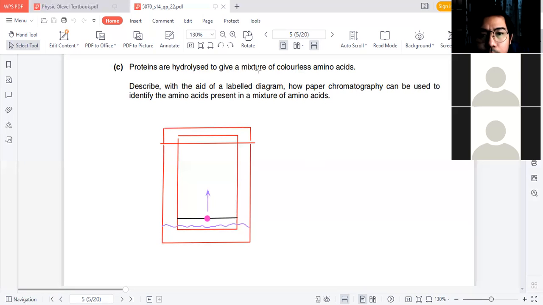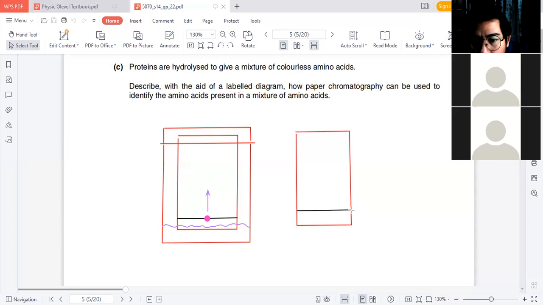Then once you have completed the chromatography, it will show different spots. So I'm going to have the paper, in a different color. Then you have that particular line there.